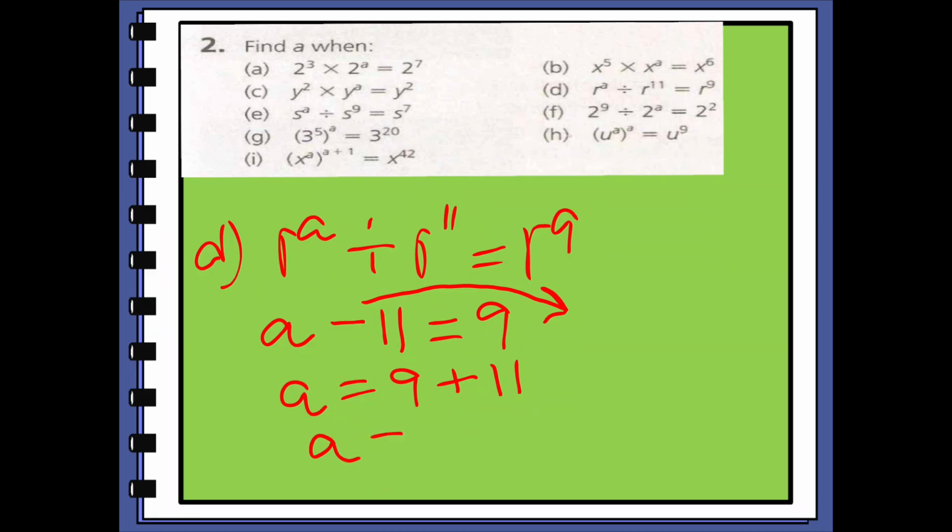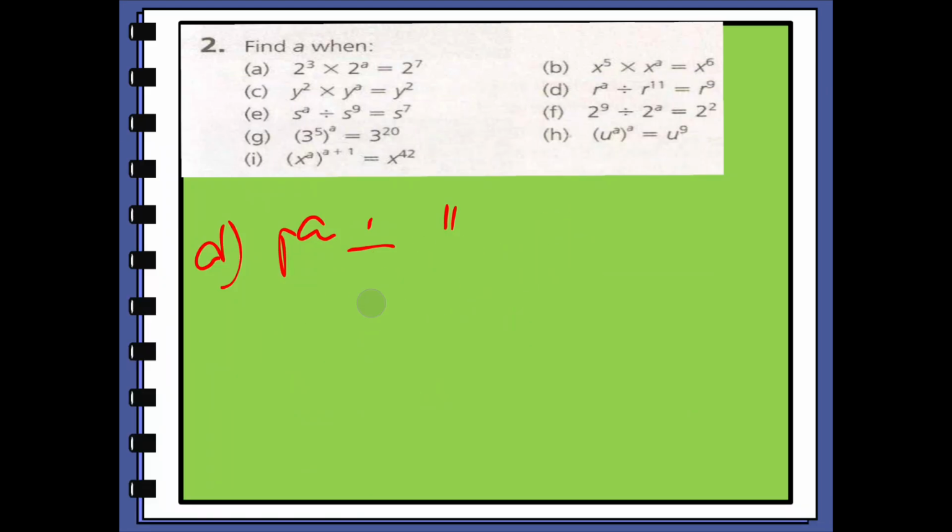In this case, our a equals 20. So for d, that's how you do it, meaning e similar way, f in a similar way, then g has got brackets, but if you remember what we said about brackets, it shouldn't be a challenge.